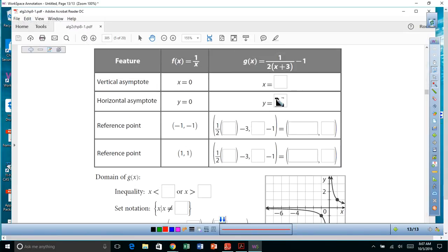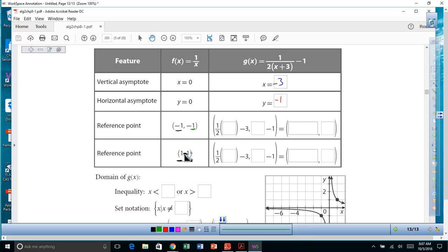So this was -1, and let's see, this is -3. Okay, so now I've got -1, and I got -1 here, and I got -1 there.